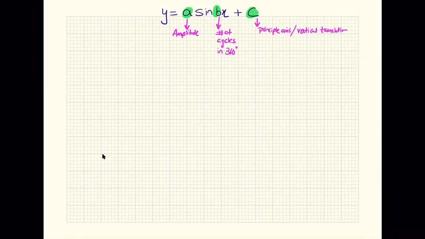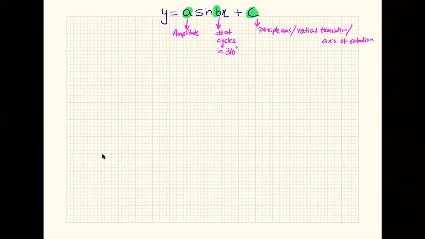Okay. So as I discussed, B refers to the number of cycles in 360 degrees. C can be called the principal axis, or you can say responsible for vertical translation. And one more term is used, that is axis of rotation.